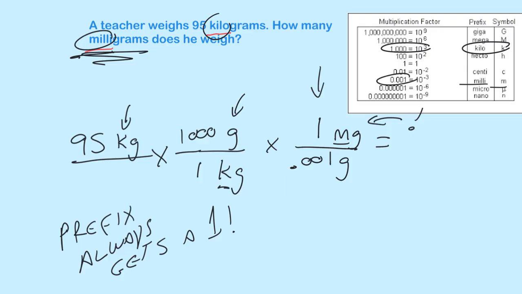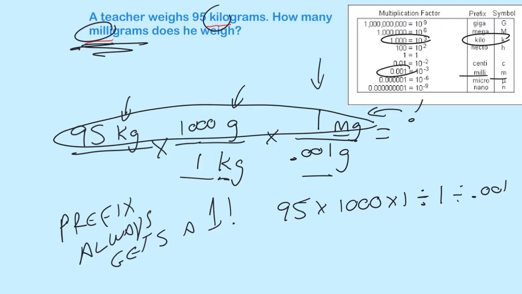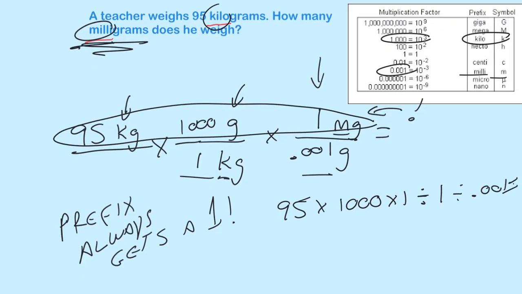So in the calculator, just to kind of write out what I'm doing, 95 times 1,000 times 1. Again, I'm just showing the times when I don't actually do it. Then I hit divide. So I basically take care of the top portion first by multiplying. Then I divide by all the bottom portions. So I divide by 1, I divide by 0.001, and then at the end, I hit equal.